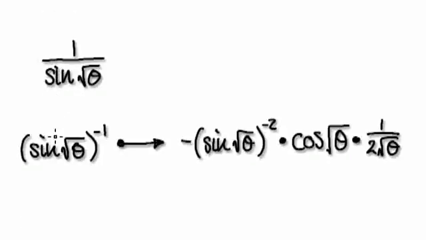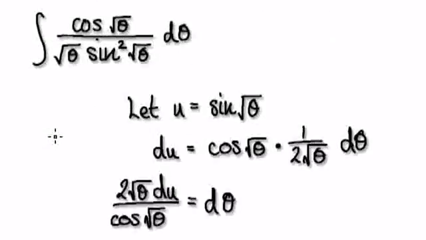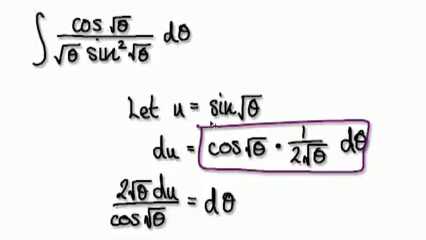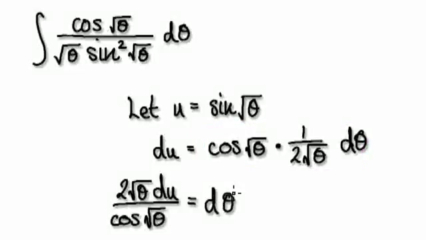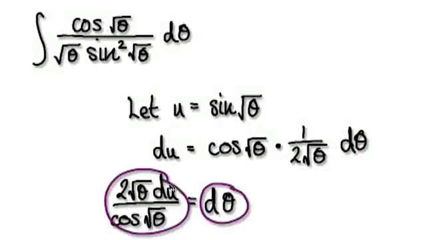So let's start again. We're trying to integrate this. Let u equal sine root theta. If u equals this, then du equals this thing here. Then rearrange it, so d theta equals this thing here.